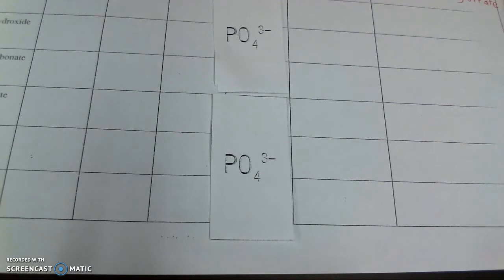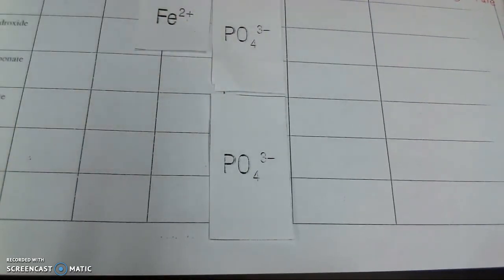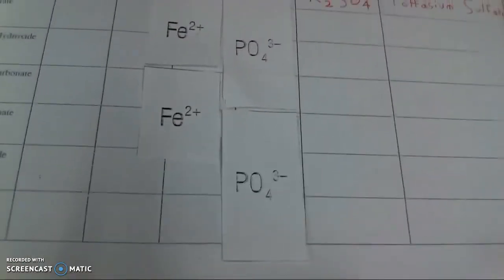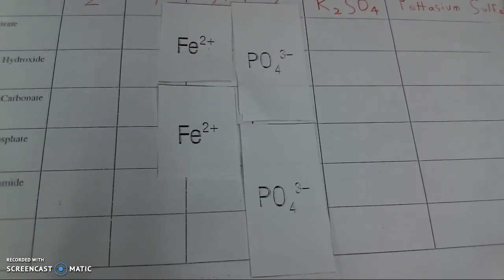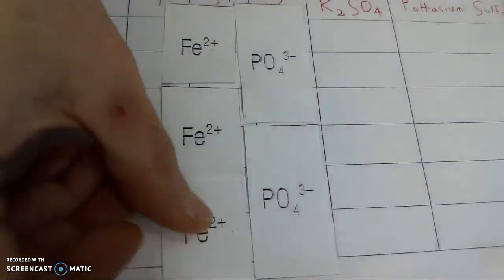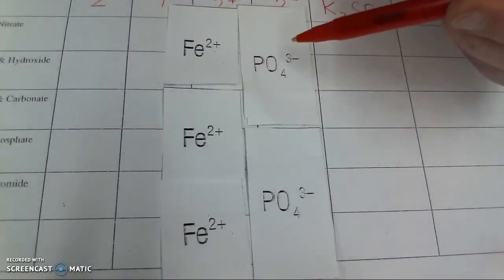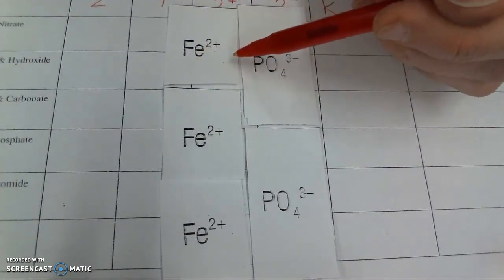We'll need another iron 2 plus, and we need one more in order to balance this out. So there we go. There's iron 2 plus. We need 3 of them, and we need 2 phosphates. So this would be iron 2 phosphate.